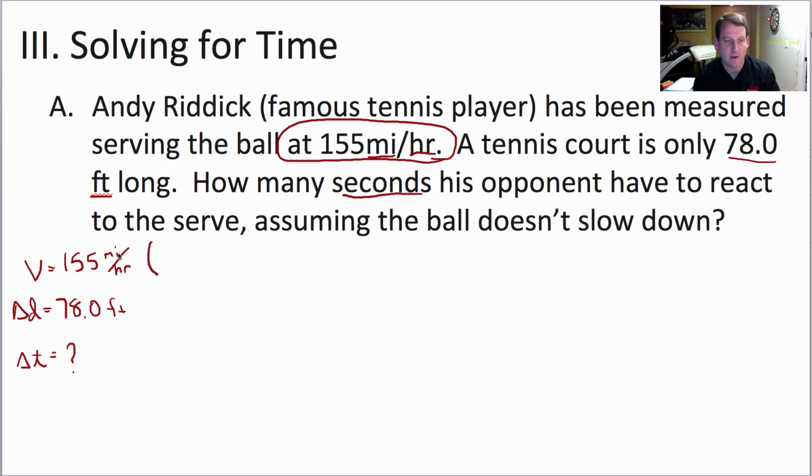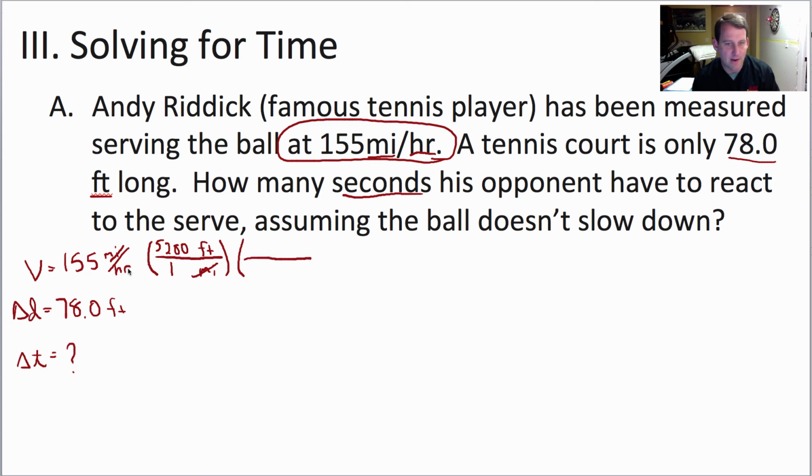I'm going to first convert the miles. Right now, miles are on top, so I put the miles on the bottom, and that means that feet are going to be on top. I know that there are 5,280 feet in 1 mile. If you didn't know this number, you could do a few steps, and that would be okay. So miles cancel out, and I'm left with feet per hour, but I need feet per second. So I'm going to make another fraction here.